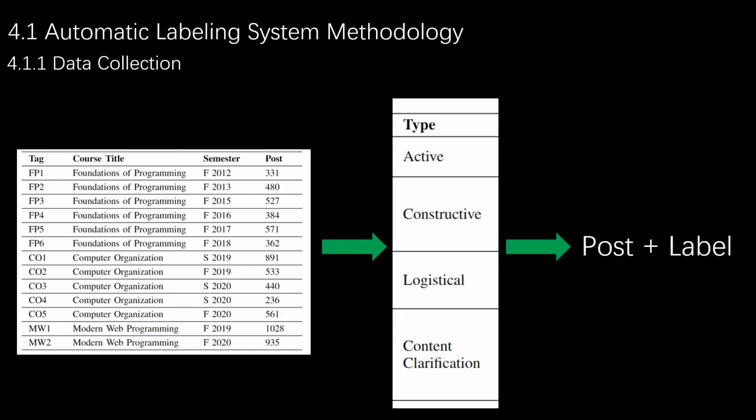After obtaining the data, we manually label the posts into one of the 4 categories: active, constructive, logistical, and content clarification. The definition of the 4 categories can be visualized as the following tree structure. First, if the post is a logistical question, then it will be labeled as logistical.